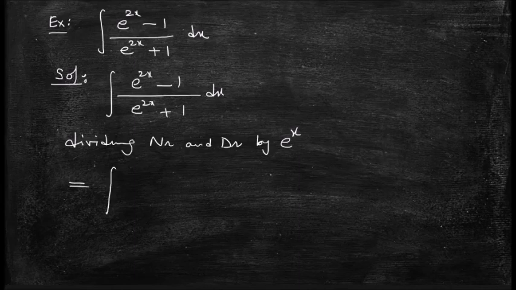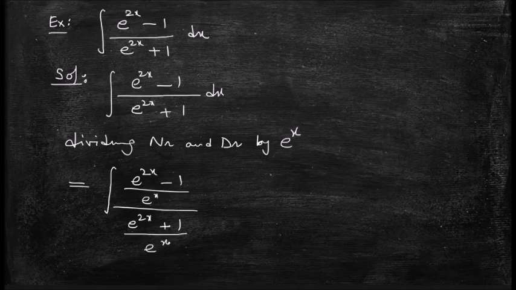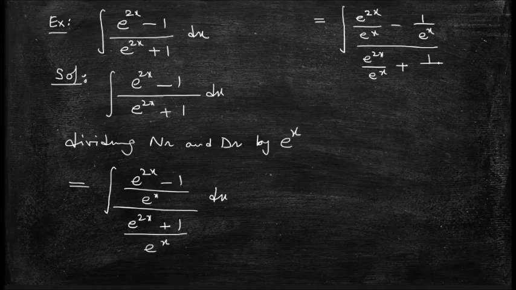So it becomes integration of ((e power 2x minus 1) by e power x) whole by ((e power 2x plus 1) by e power x) dx. If you write in order, integration of (e power 2x by e power x minus 1 by e power x) whole by (e power 2x by e power x plus 1 by e power x) dx.